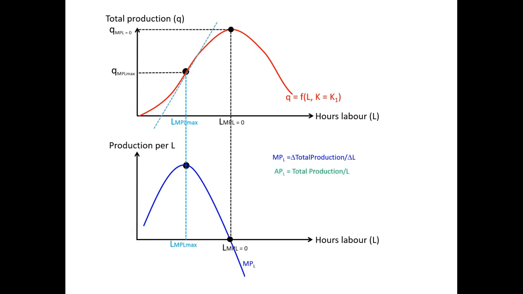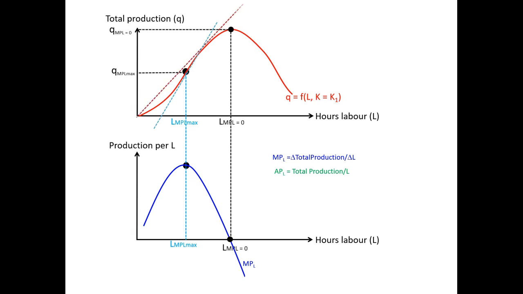The same thing we can do with the average product. The average product is the production per labor on average. So we take all the labor units we have and calculate how many units they are producing. Therefore we can take the total production divided by the number of labor units to get an average.